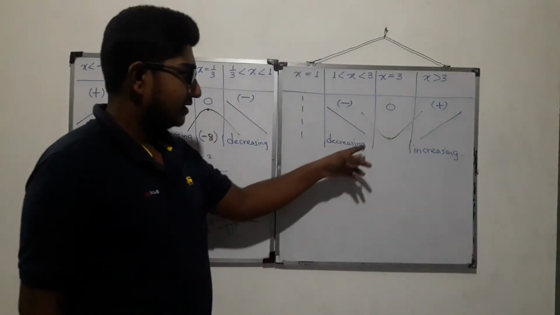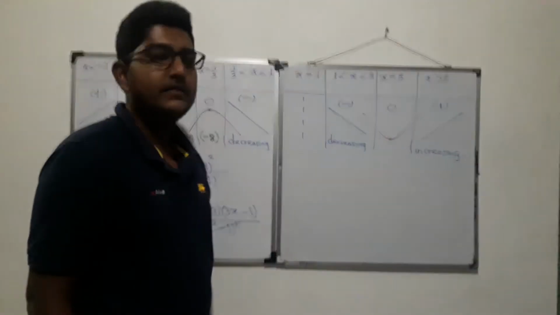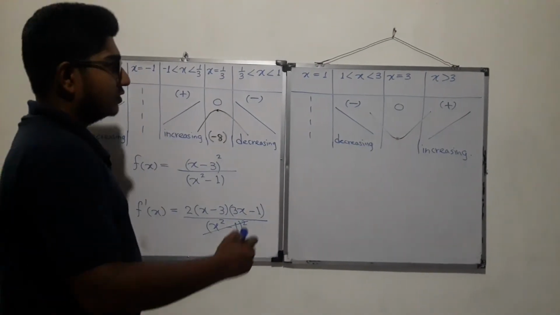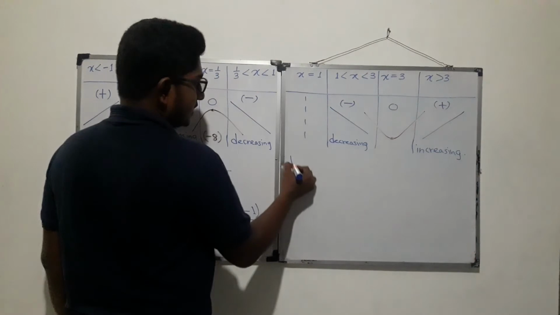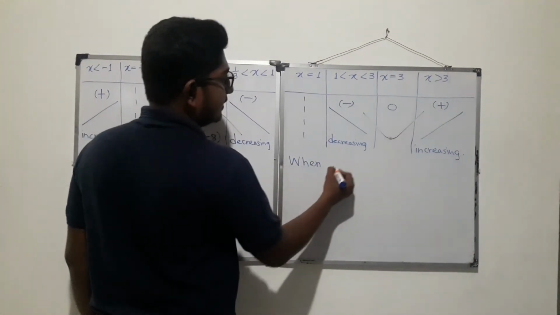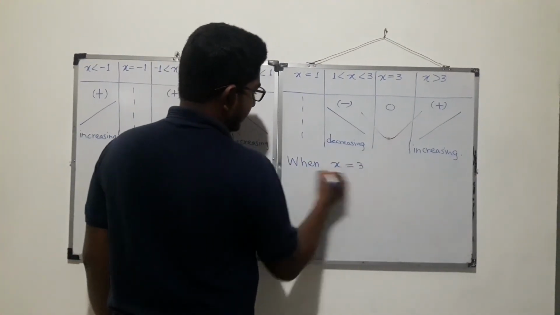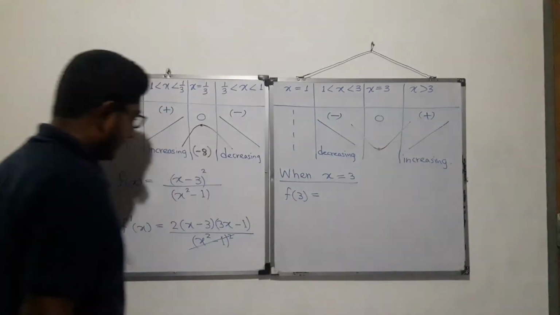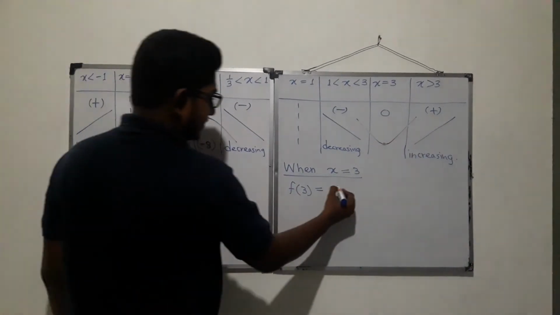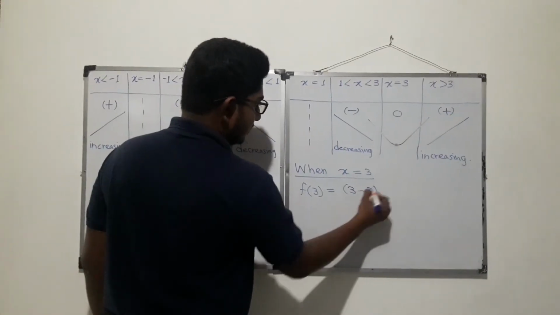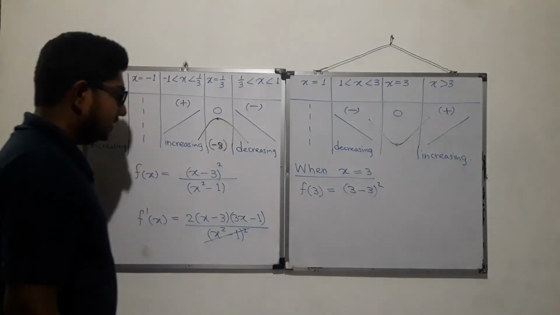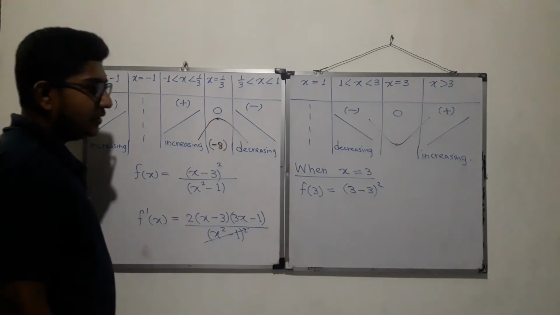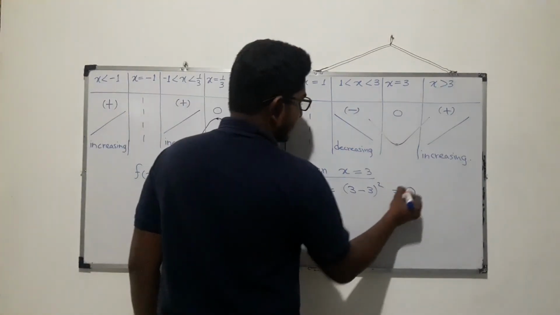Now let us find the coordinate of our minimum point. So we know minimum point is obtained at x equals 3. So f of 3 is 3 minus 3. That becomes 0. So no need to go further. When we substitute 3 here, we get the answer as 0.